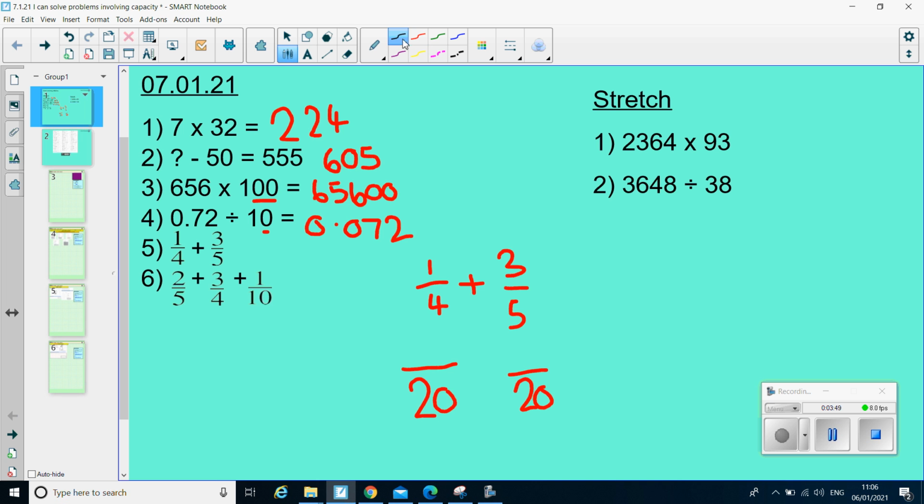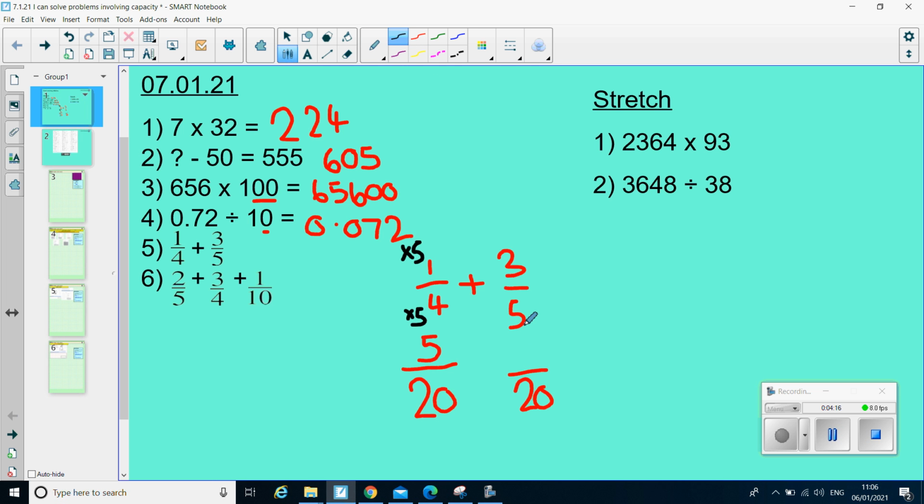And then the question I have to ask myself is, what did I times the 4 by to give me that denominator of 20? What is 4 times something equals 20? Well, it's 4 times 5. Remember, with fractions, whatever you do to the bottom, you have to do to the top. So I've got to times that top by 5, which gives me 5/20.